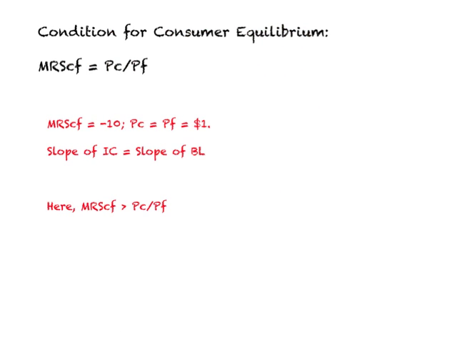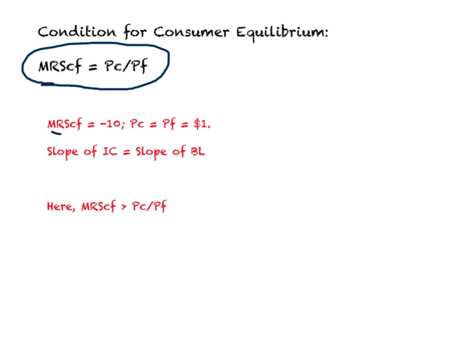So the condition for equilibrium is that the slope of the community indifference curve must equal the slope of the budget line, or in other words, MRSCF must equal PC by PF. And when you attain this, you know the society is at its best point. Now consider the following.